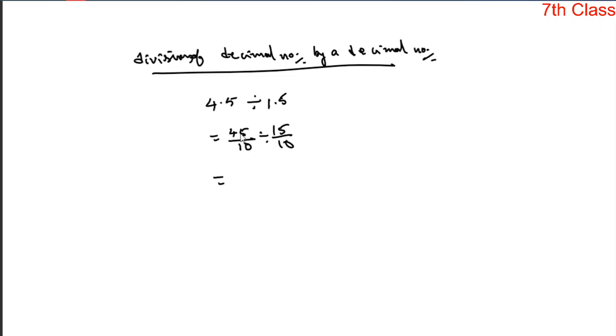So this is the division of a fractional number by a fractional number. So what is the rule we have? First multiply the first one by the reciprocal of the second one, 10 by 15. So we can cancel the numbers, 10 ones, 10 ones. Here 15 ones, 15 threes. So finally 4.5 divided by 1.5 is equal to 3. This is the same as the previous one.